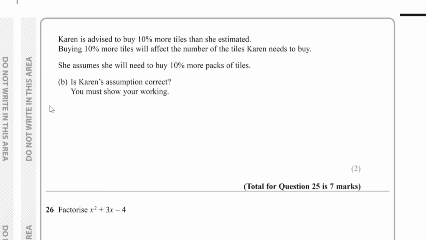So, if I buy 10% more packs, well, I said previously I need 18 packs, and if I multiply this by 1.1, I get 19.8, which means I need 20 packs now.